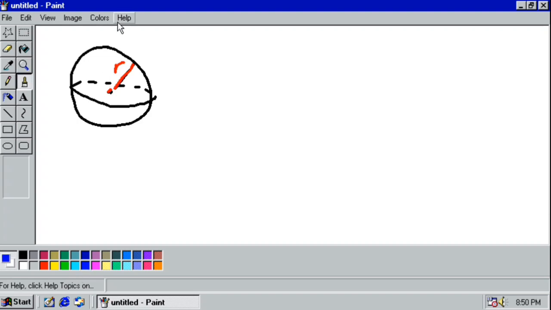So let's draw a cylinder here that fits this sphere.